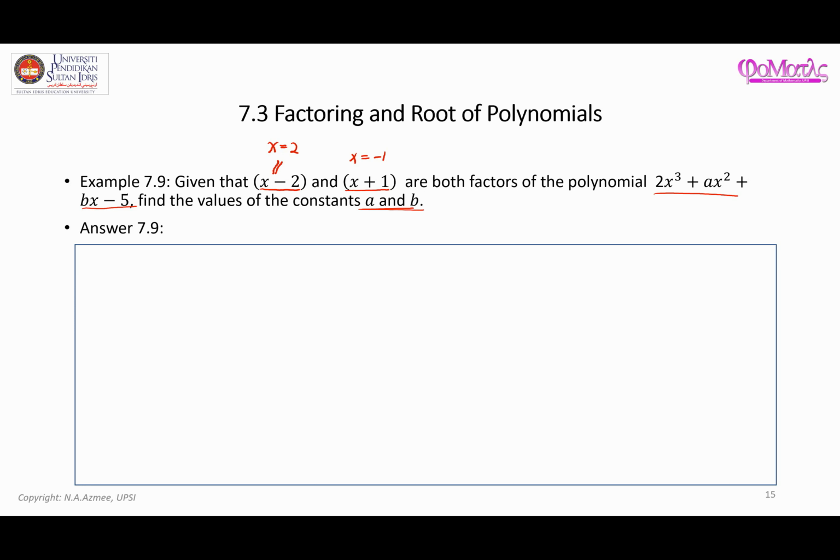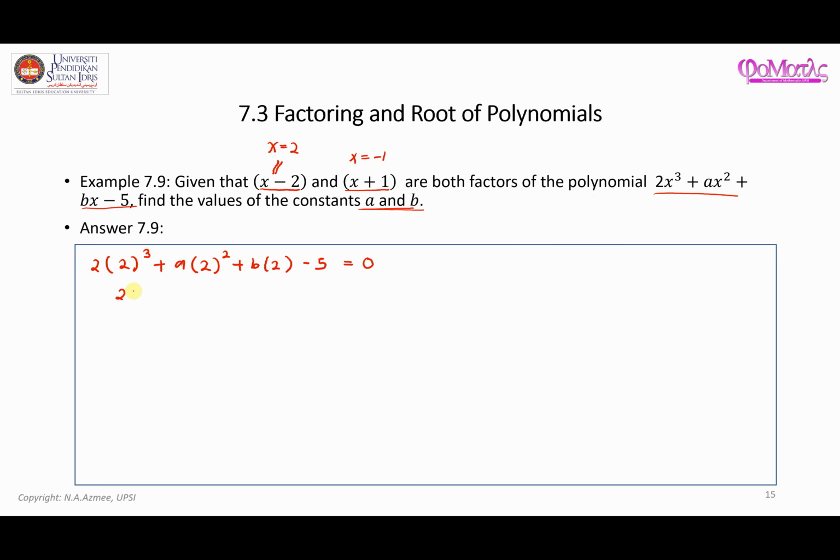So here is 2 to the power of 3 plus a times 2 squared plus b times 2 minus 5, and the answer must be 0 because this is stated as a factor of the polynomial. Now we are going to continue solving this expression.